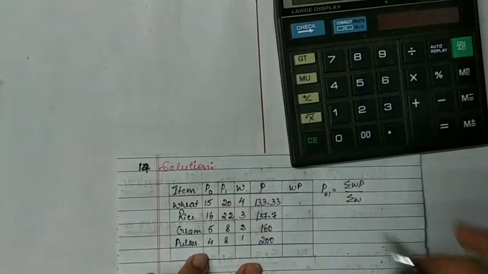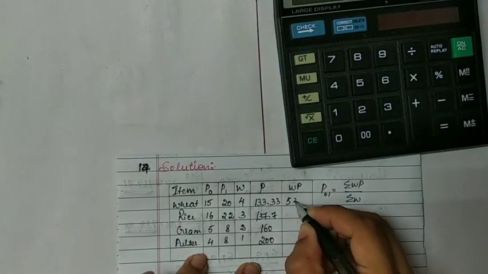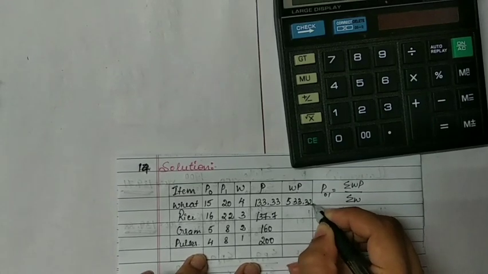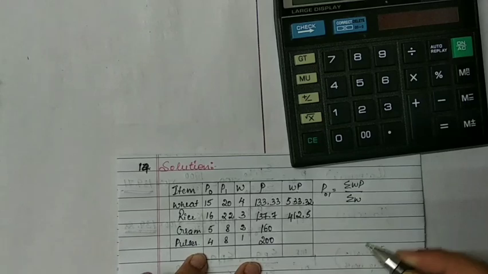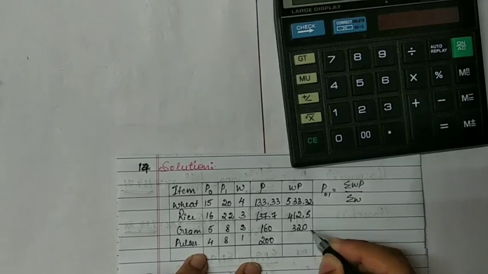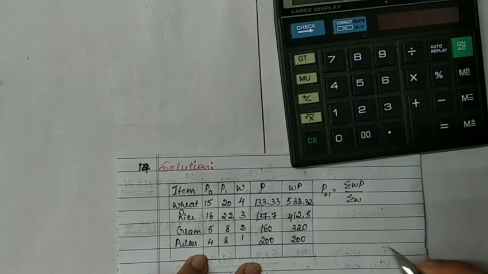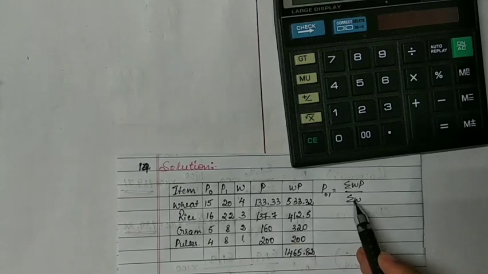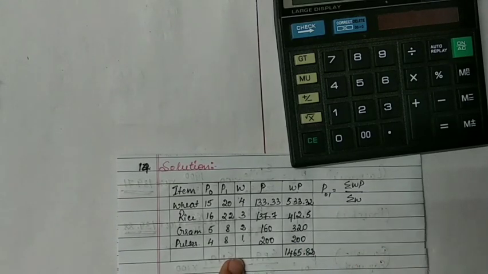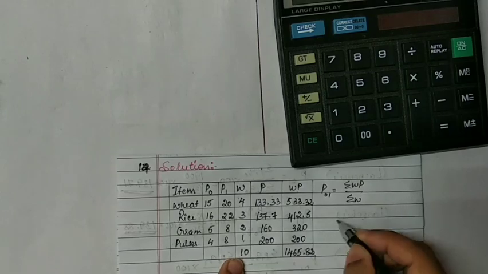133.33 into 4 is 533.32, 412.5, 320, 200. Now total it. Summation WP is 1465.82, and the total of W, that is summation W, is 10.